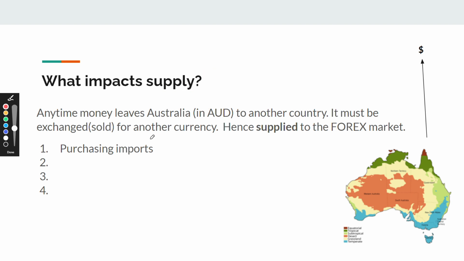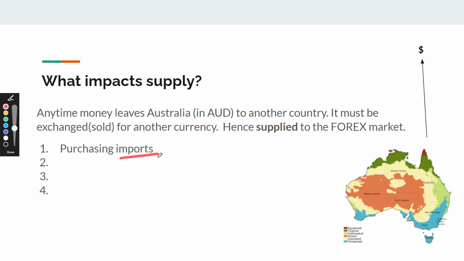So what are the factors that would cause money to leave Australia? Well, whenever we purchase imports. If you purchase something from overseas on Amazon, your Australian dollar, again, doesn't matter who exchanges it, but the AUD must get swapped or sold for whatever currency you're buying the product in.